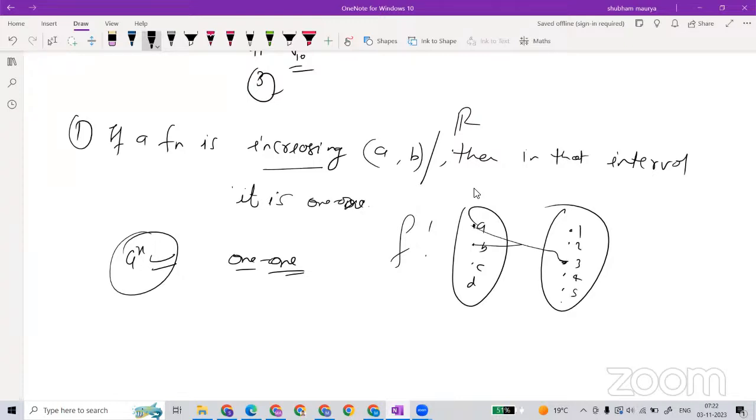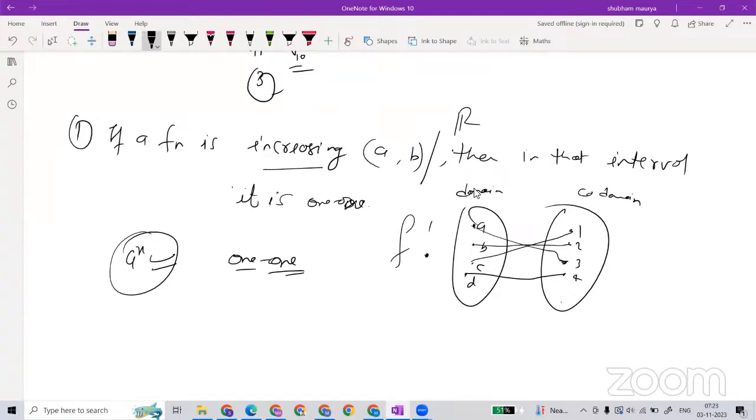Forget about the 5, or let me erase it. So this function is one-one. Can we think of this as the domain, and this as the codomain? Function is a machine.